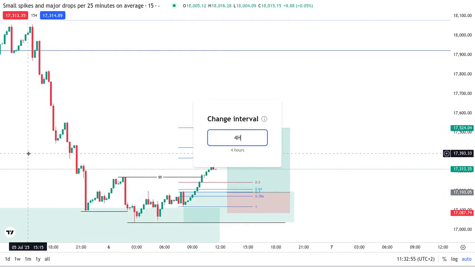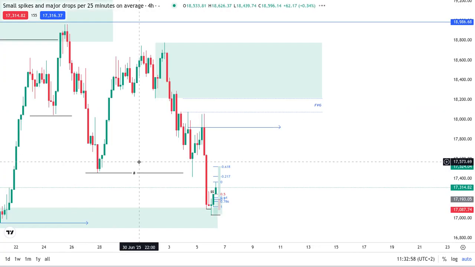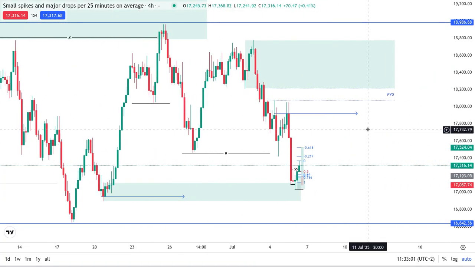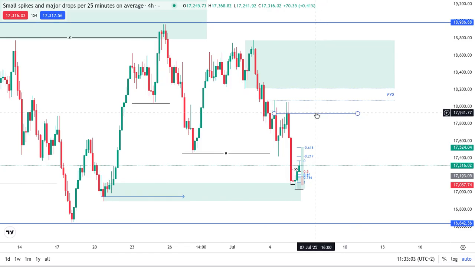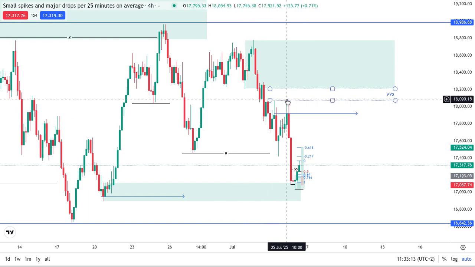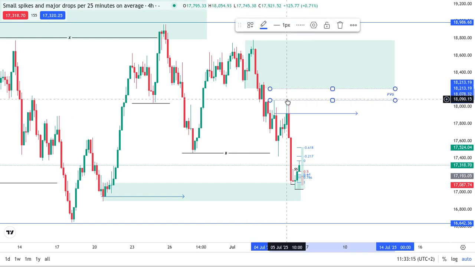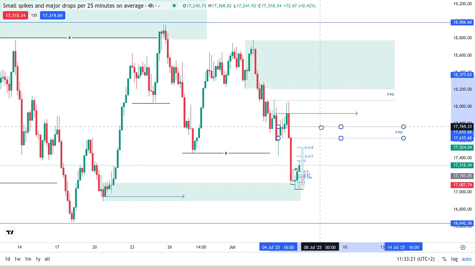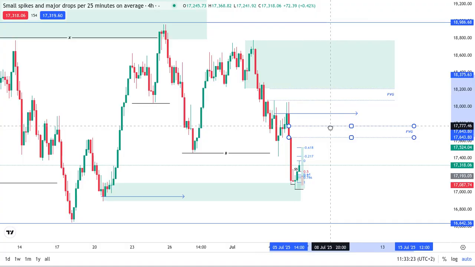And now let's look at the 4 hours so that we know what's actually going on. On the 4 hour, we have this level as our main level. We have our fair value gap here, which will act as our magnet or way to attract price to it. So let's just mark up our early fair value gap, which is going to be right here.